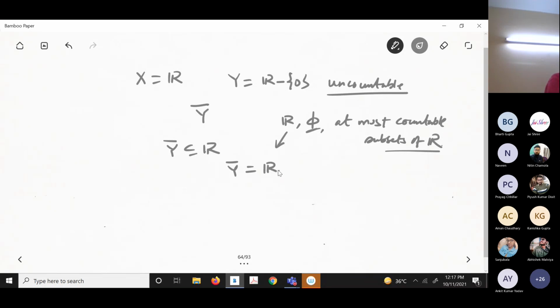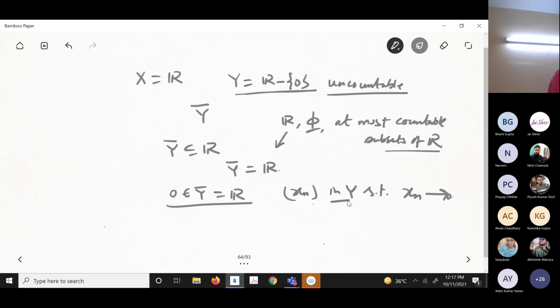Right? Now, any convergent sequence. Look, the sequential characterization of closure points is first of all not possible. If you take 0, it belongs to Y bar equal to R. Now if you take a sequence Xn in Y such that Xn goes to 0, but Xn is in Y, meaning the Xn are all nonzero, and eventually they are constant.